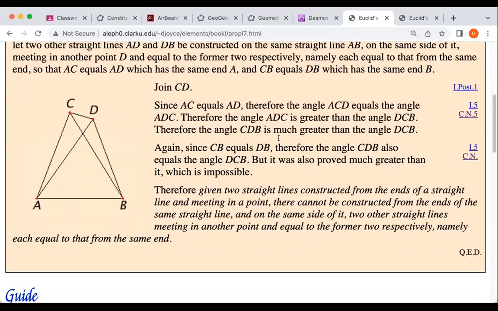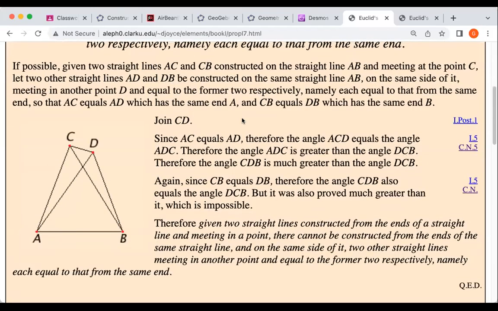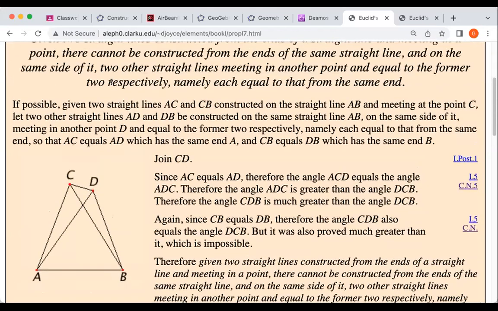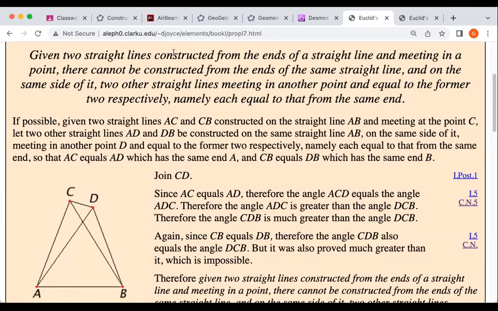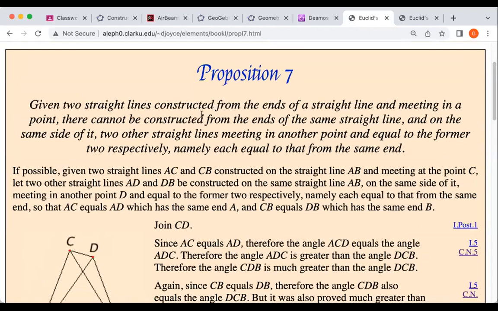I don't know. This isn't a good proof. Let me look at it. Given two straight lines, wait, that's proposition 7. The wrong proposition.